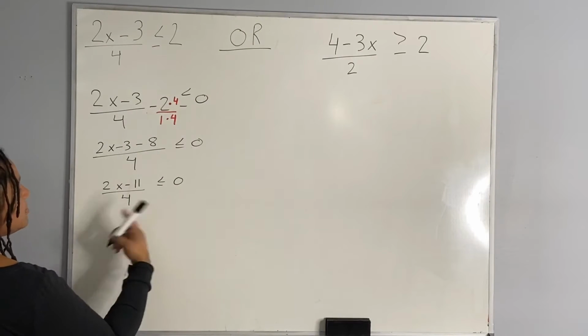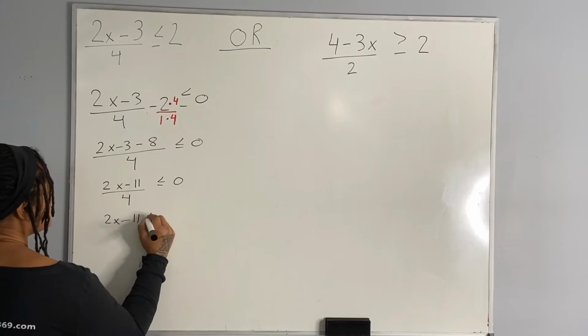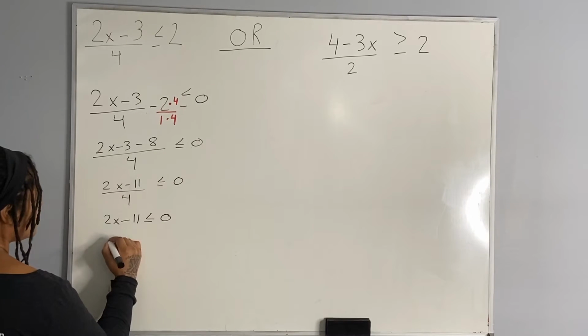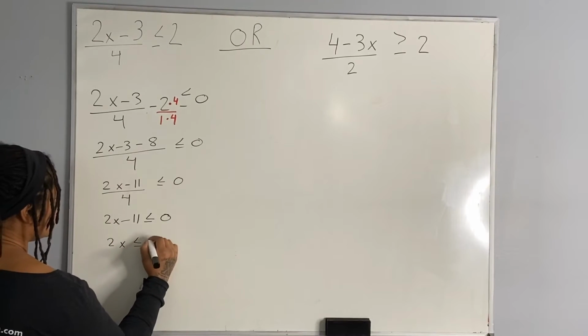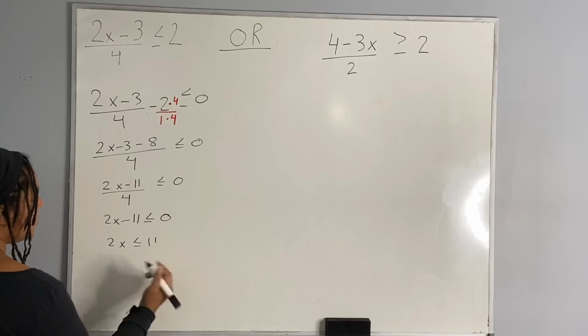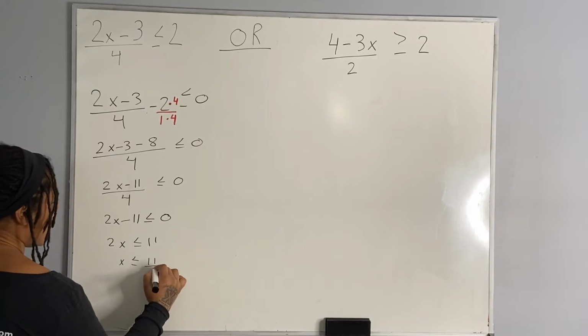If I multiply both sides by 4, we get 2x minus 11 is less than or equal to 0. And if we add 11 to both sides, we get 2x is less than or equal to 11. And then we're going to divide both sides by 2. So we get x is less than or equal to 11 halves.